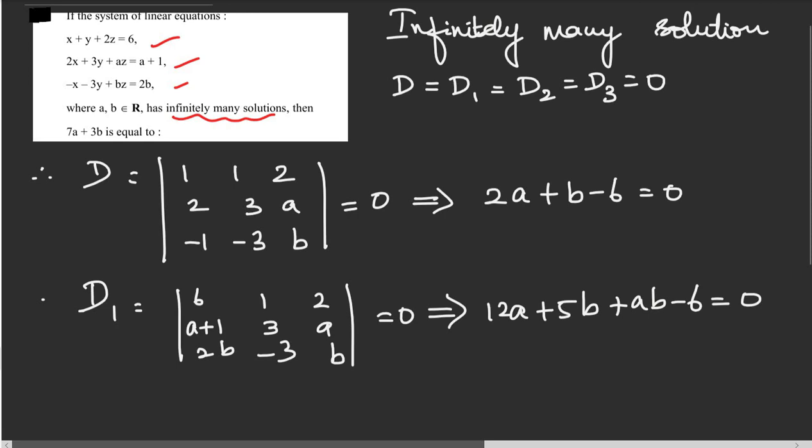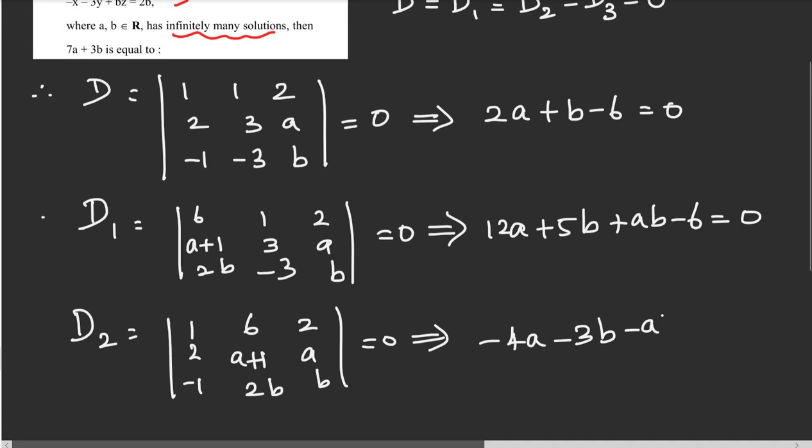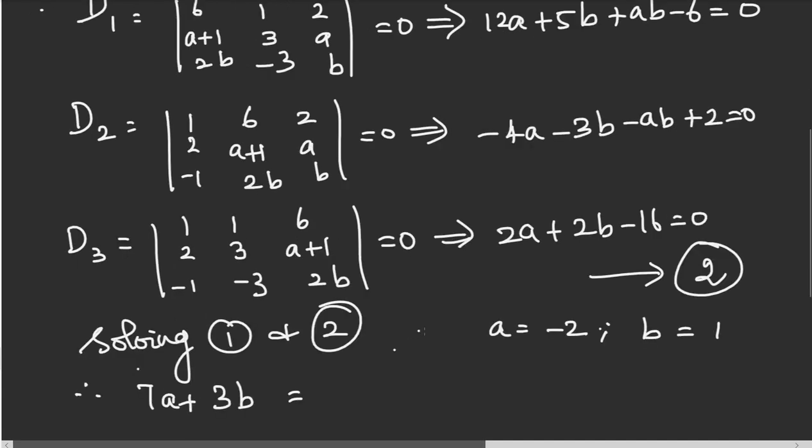Then similarly, D2 and D3 equating to 0, I have already simplified the determinant and I give only the equations here: 3b minus ab plus 2 is equal to 0. And next, D3 equating to 0, where D3 is 1, 2, minus 1, 1, 3.